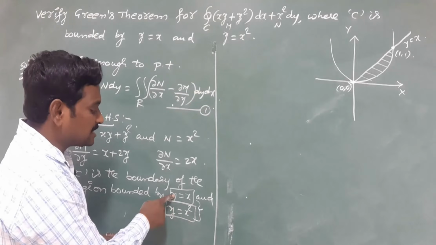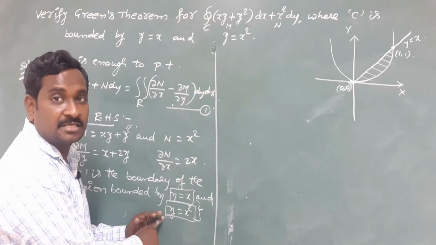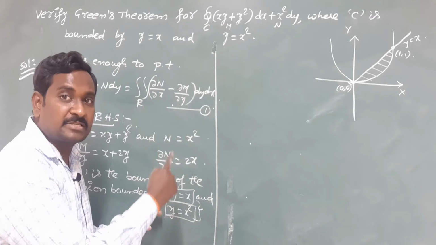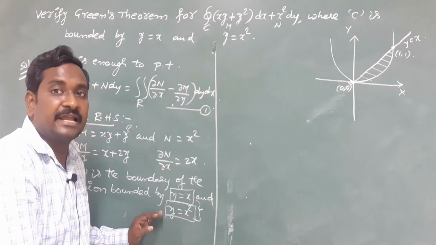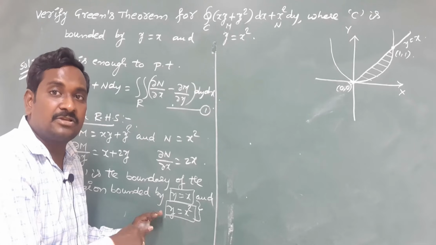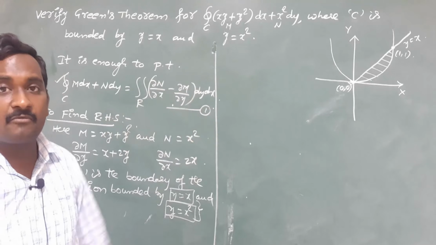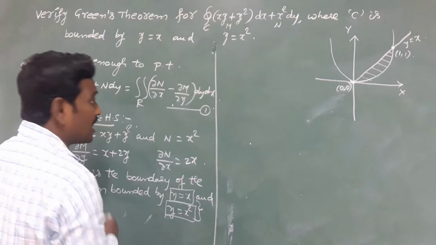Replace y = x here, you will get x² = x. So x² − x = 0, so x(x − 1) = 0. By solving, you can easily get the values of x as 0, 1 and y values as 0, 1. That's why (0, 0) and (1, 1) are the intersecting points. Now consider the RHS.